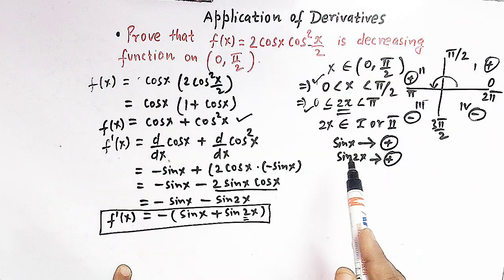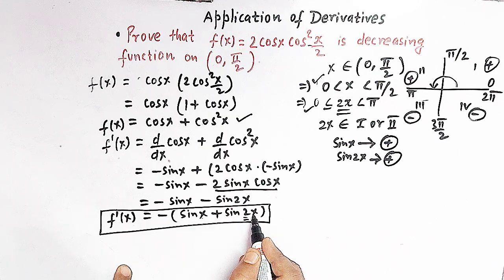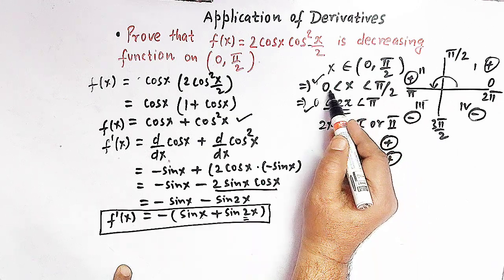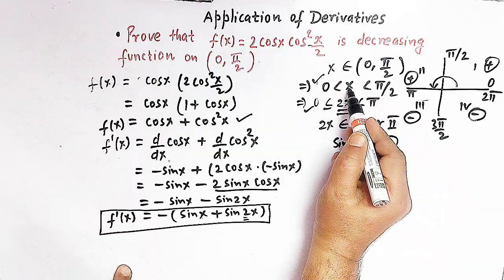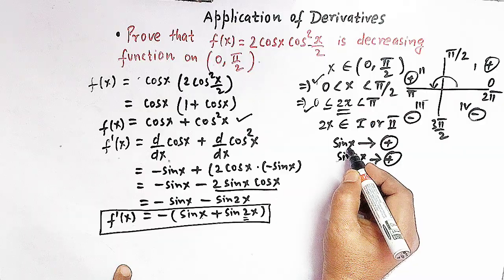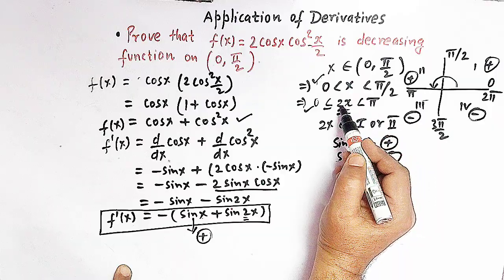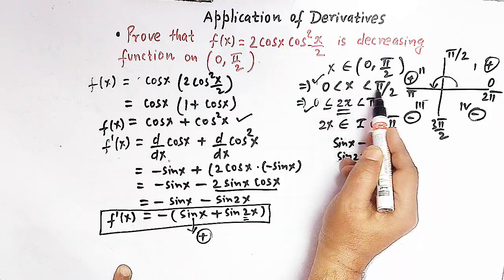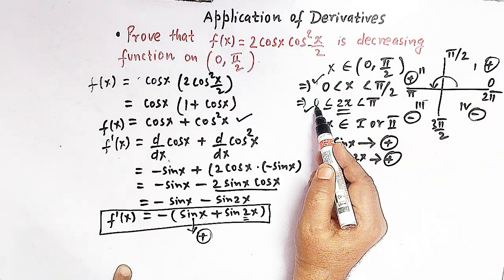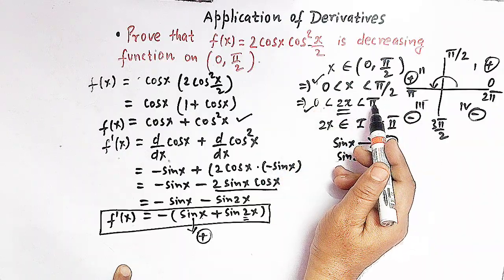So let us once again explain it. So here we have sine x, and here we have sine 2x. Now x is greater than 0 but less than pi by 2. So x is in the first quadrant, and in the first quadrant sine x is positive, right? So this quantity is positive, and 2x, when we multiply this inequality by 2, then we have 2x greater than 0 or less than pi.